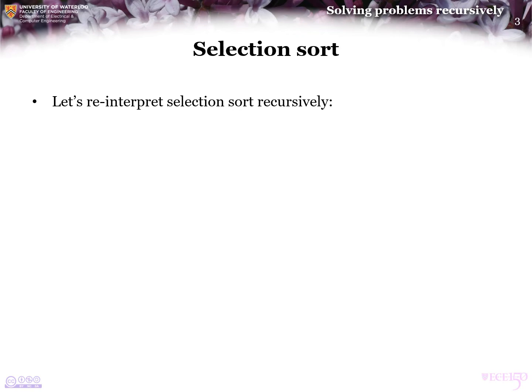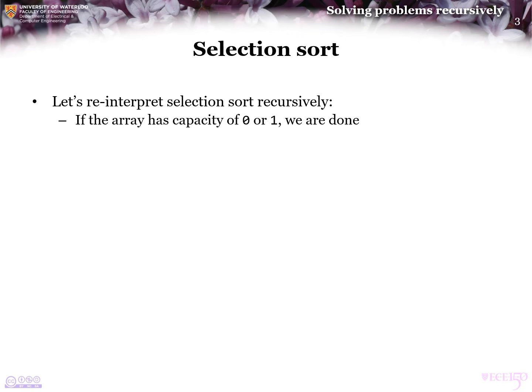We then found the largest in the first n-2 entries and swapped that with the n-2nd entry, and so on and so forth. Therefore, successively, as the for loop iterated, we sorted the list. Let's do this recursively, however.